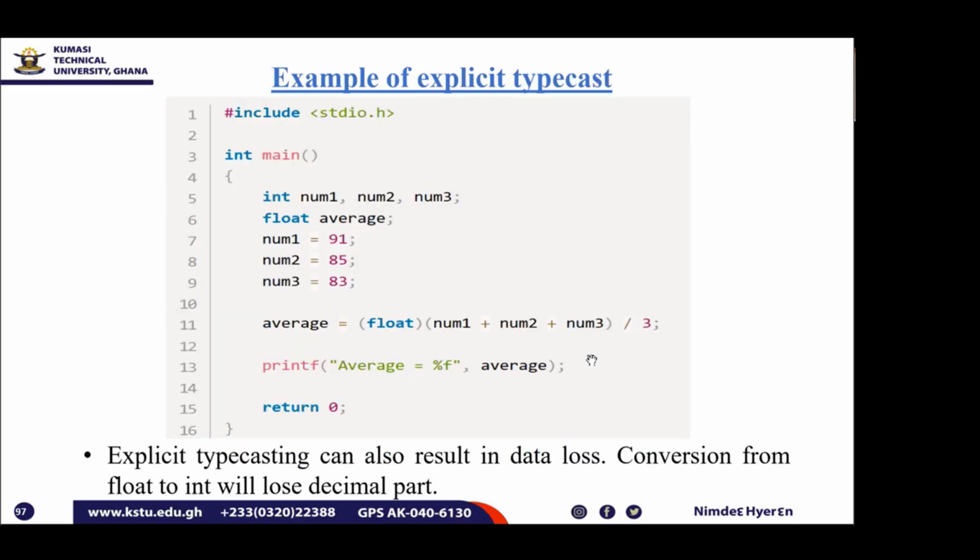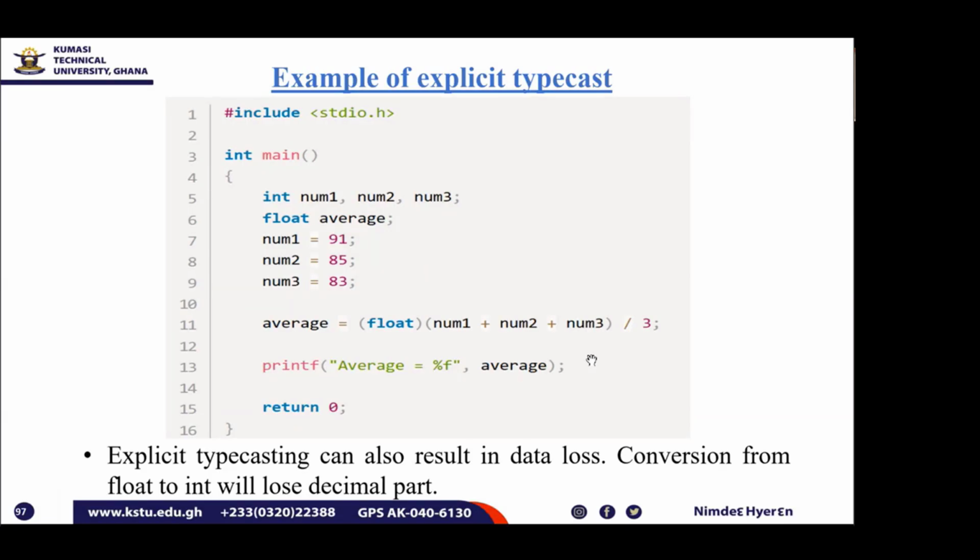The example we looked at earlier, where we performed the average of 3 numbers, was done using explicit typecasting. Now, explicit typecasting can also result in data loss. When you are converting from float to integer, you will lose the decimal part of data. So you have to have this at the back of your mind so that you know how to deal with things moving forward.